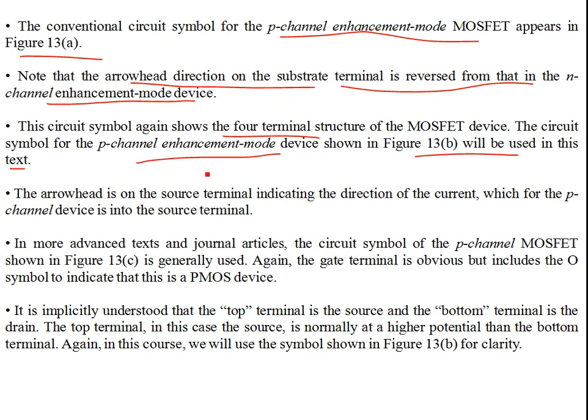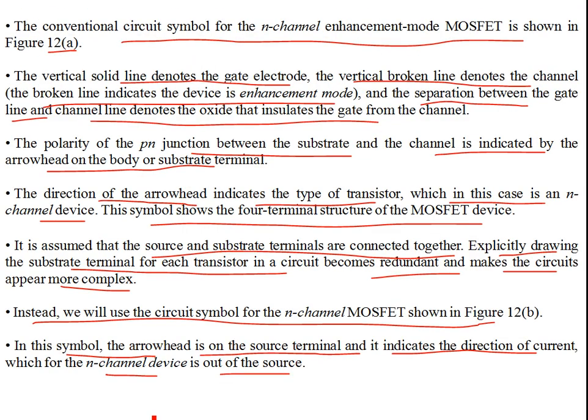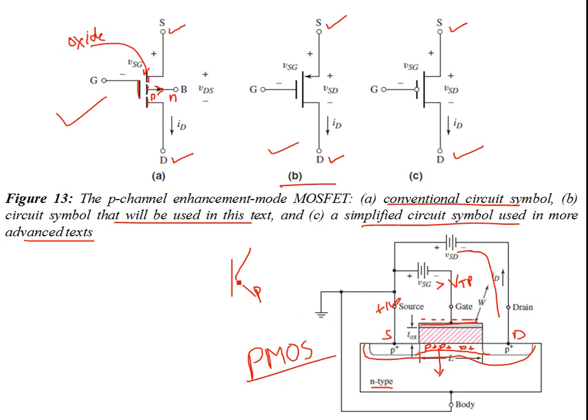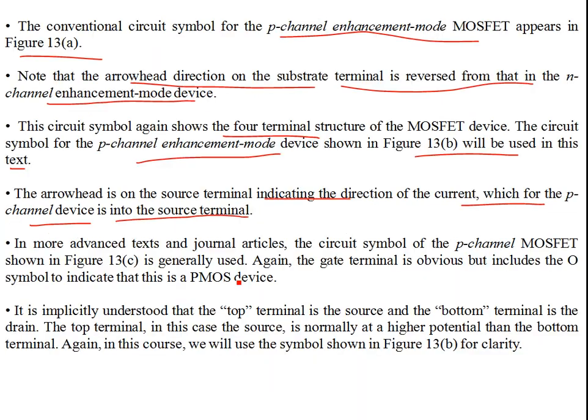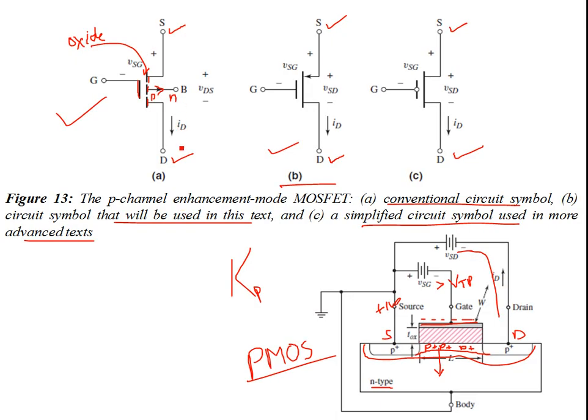The arrowhead is on the source terminal indicating the direction of current, which for the p-channel device is into the source terminal. Last time it was out of the source. It's the other way around. So for n-channel it's out of the source; for p-channel it's into the source.